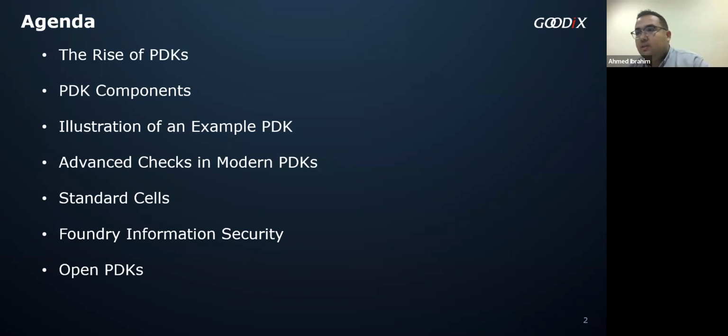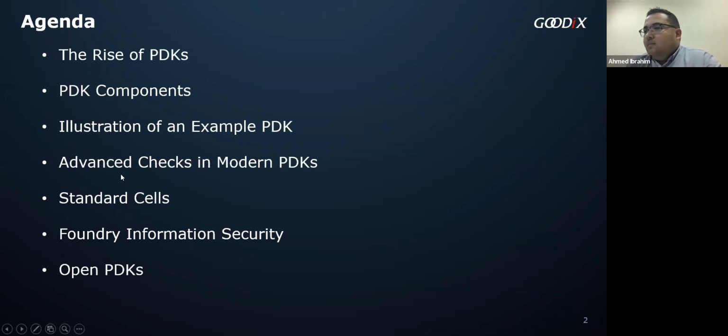So our agenda today is the rise of PDKs, how we reached well-defined PDKs, and the main PDK components. Probably we will spend most of the time in this part. We will have an example of a PDK. It is of course an open source PDK, but it gives a good illustration of a typical real PDK.